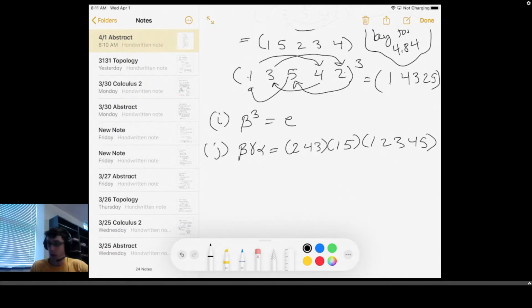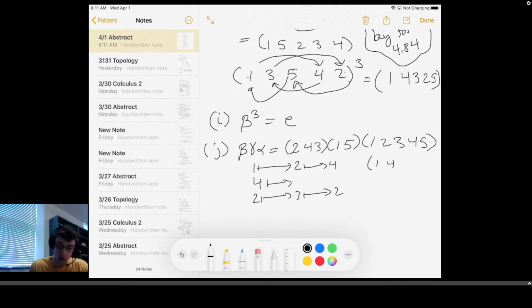Okay, so here again, if we just break it down, 1 goes to 2, does nothing to 2, 2 goes to 4, so 1 goes to 4. 2 goes to 3, but then 3 goes back to 2, so that does nothing. Wait, I don't know why I wasn't looking at 4. That's true. I'll put it down here. I'm getting ahead of myself.